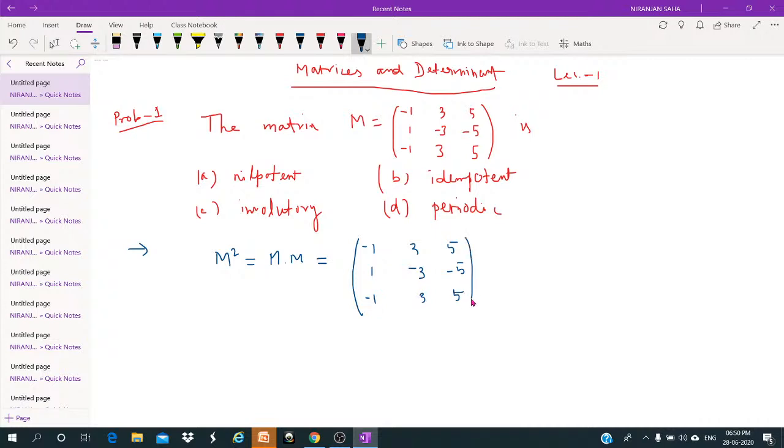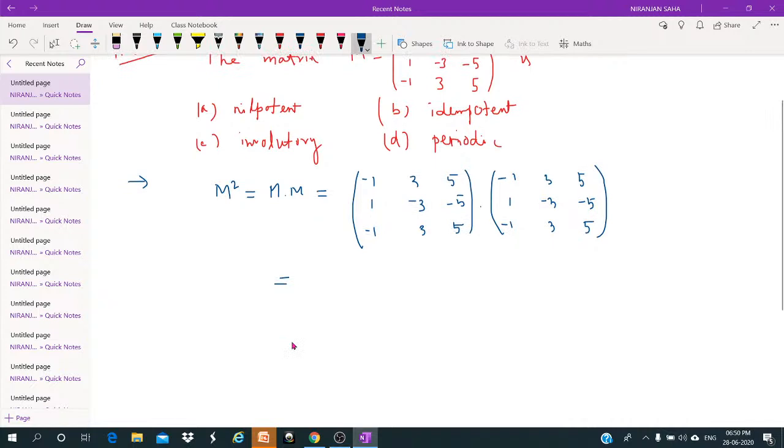Again we will write down matrix multiplication: minus 1, 3, 5; 1, minus 3, minus 5; minus 1, 3, 5. You have to use the rule of the matrix multiplication. We know how a matrix multiplication is performed.